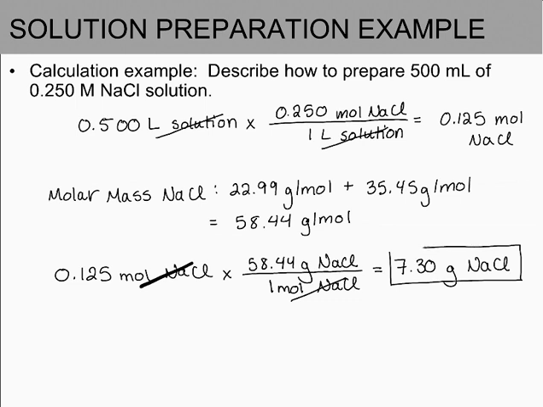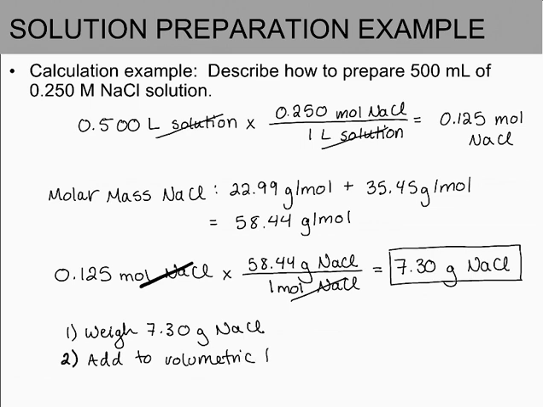What that tells us is that initially we want to weigh 7.3 grams of sodium chloride. And then 2, we're going to add that to a volumetric flask. And we might mix it first in some water just to make sure it all dissolves.